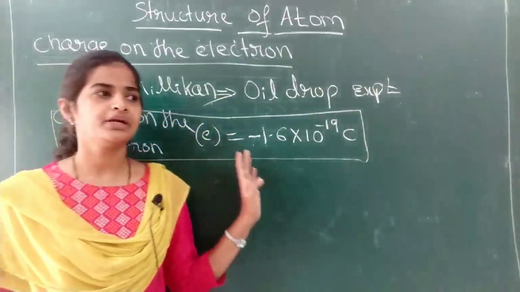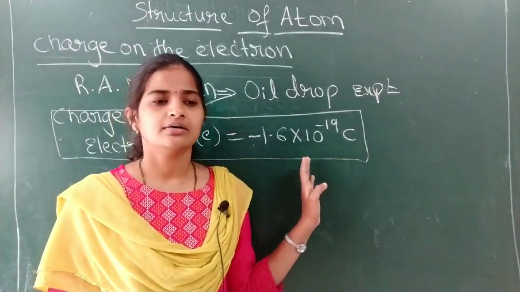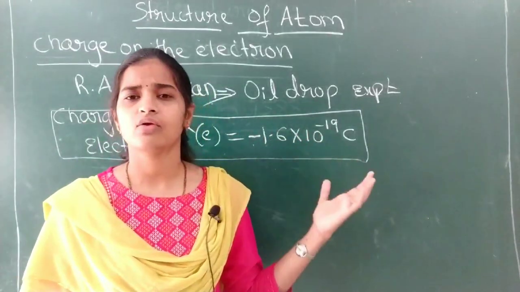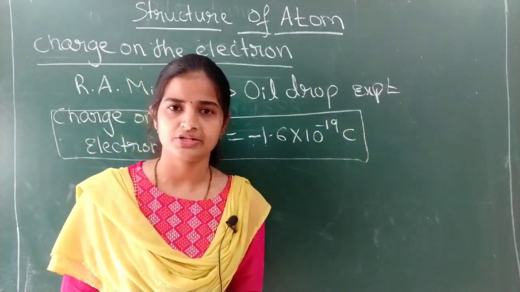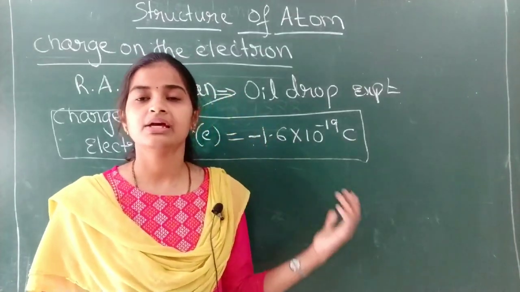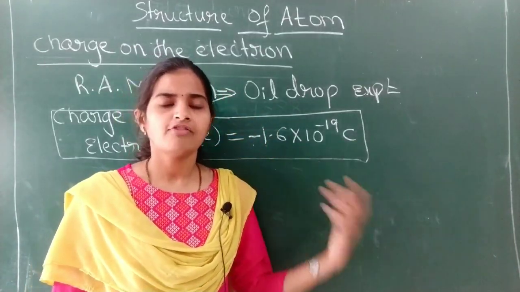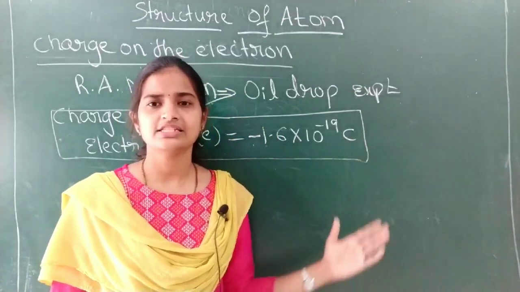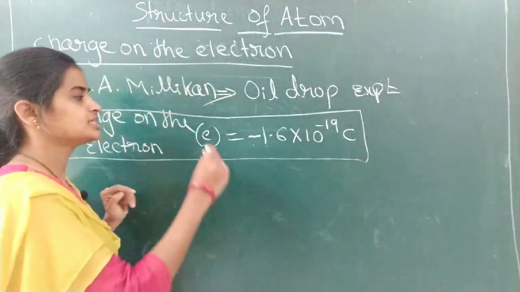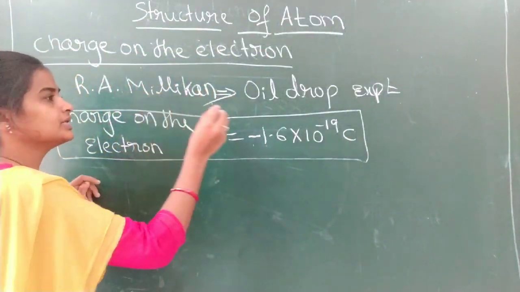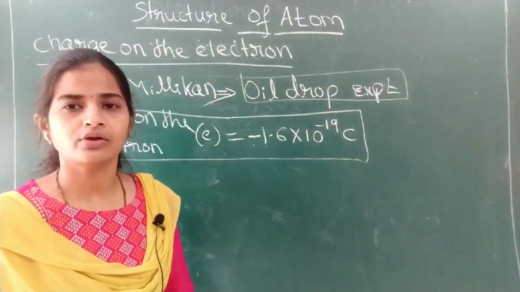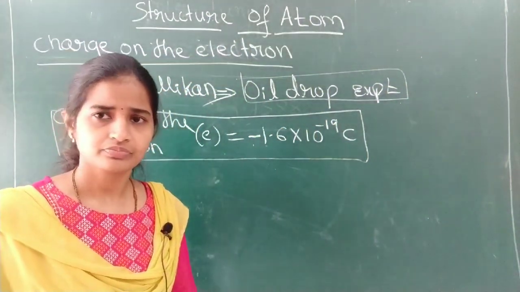Once in a competitive exam, it was asked: the charge on the electron was found by what experiment? Some of the options given were the cathode ray discharge tube experiment, Millikan's oil drop experiment, and the alpha ray scattering experiment. The charge on the electron was found by Millikan's oil drop experiment. Got it?